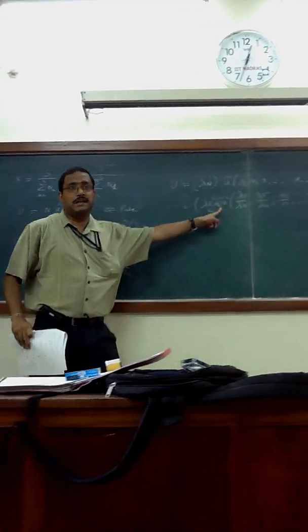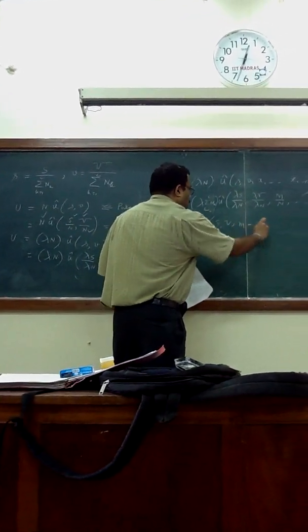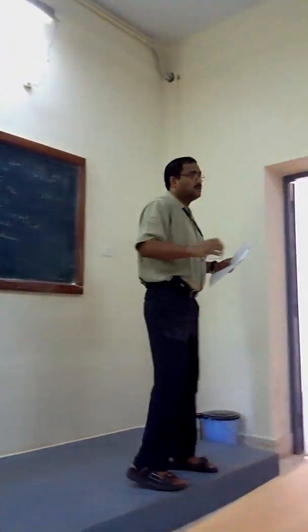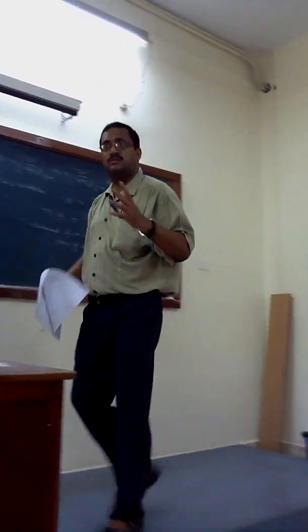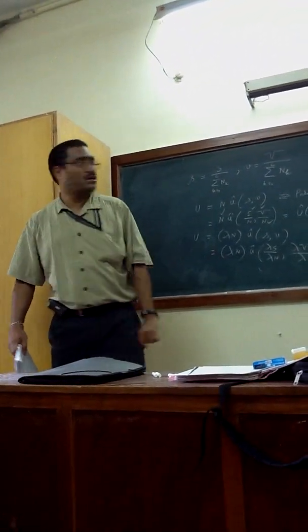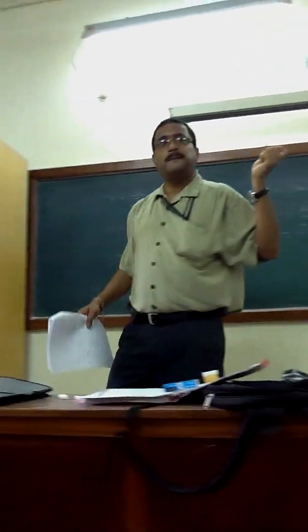This has got Nc. That's why this is a function of S, V, N1 to Nc. Found that clear? Yes? Any confusion? Clear? So that's why, although it is Nc minus 1, we are having Nc. Okay.